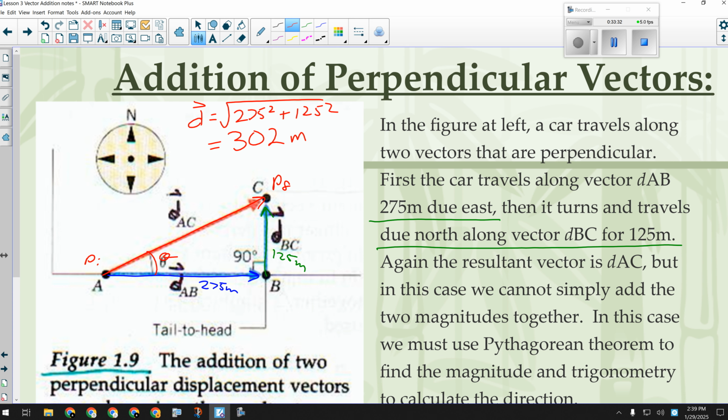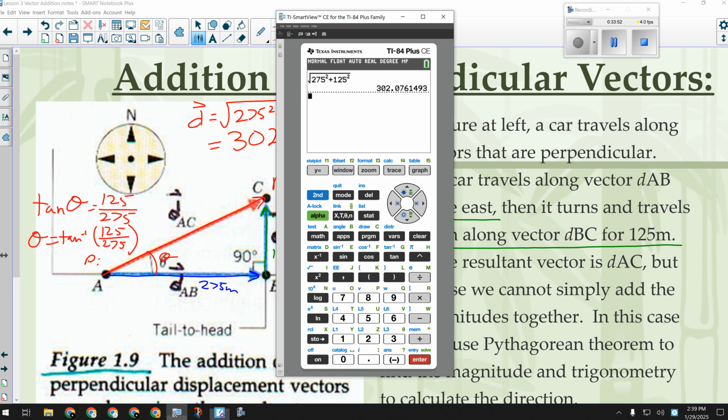So, to get this angle, I would go tan of theta equals 125, the opposite side, divided by 275, the adjacent side. I'm looking for theta, so that's inverse tan of 125 over 275. I think it comes out to 24, if I recall.